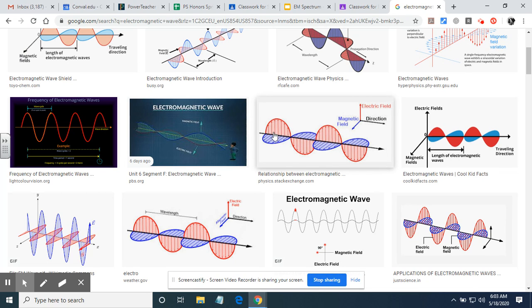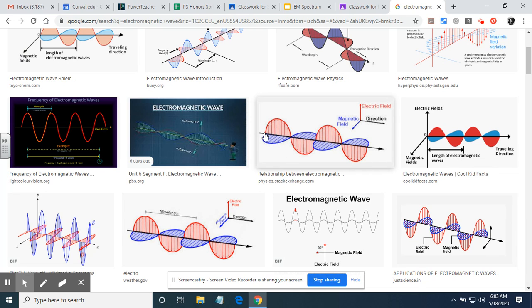And basically, what happens is when an electric field starts to change or move, that in turn makes a magnetic field change at the very same time. So as the particle is vibrating and the electric field is moving, so is the magnetic field, and they each cause the other to vibrate in a different way.